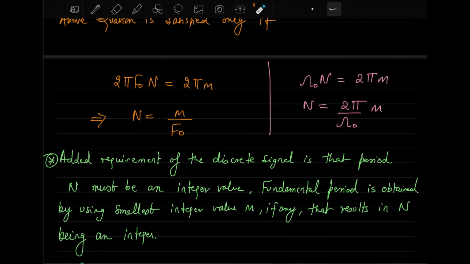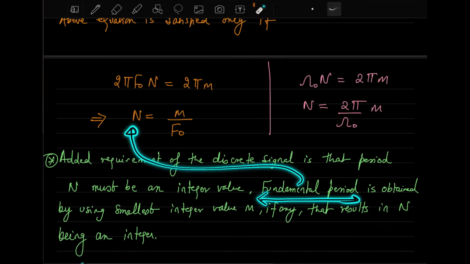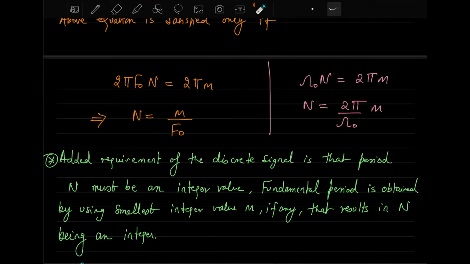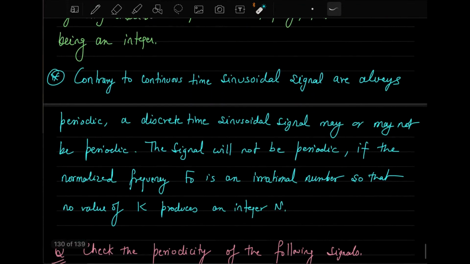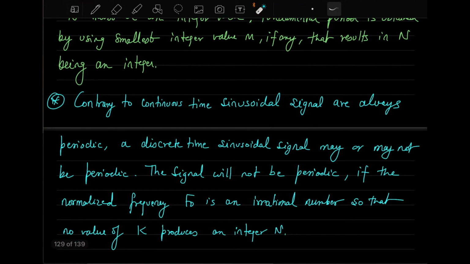Note that this value m goes 1, 2, 3, and so on. So you have to use the smallest integer value of m that results in N being an integer. Whatever value you get for N for that smallest m will be your fundamental period. Because of this additional constraint on the time periods, it's not always necessary that a discrete time sinusoidal signal will be periodic.